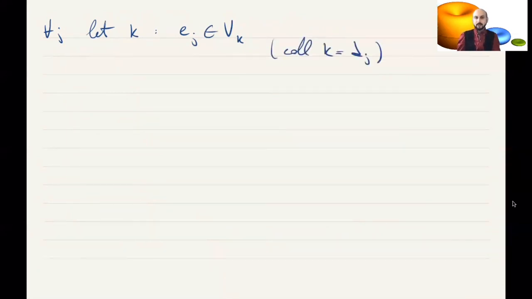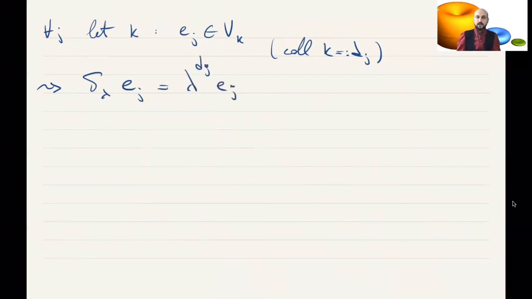For all j, let k be such that ej belongs to Vk. Call k d sub j, so we call it the degree of the jth element. And therefore what we have is that the dilation of the jth element is lambda^dj times ej.